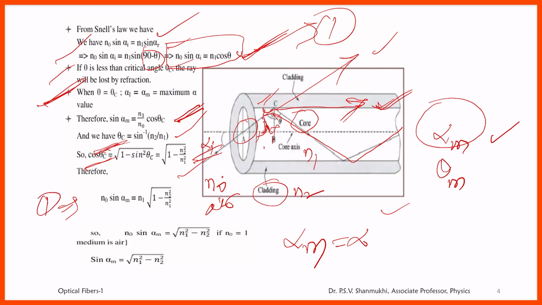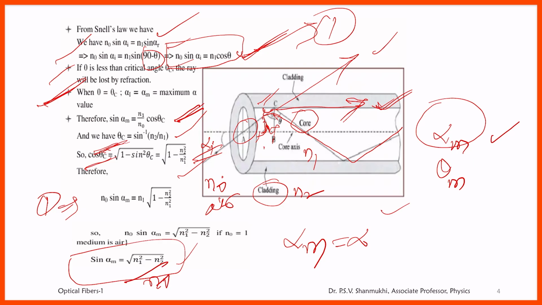N0 sin alpha m is equal to N1 cos theta c, which is nothing but N1 root over 1 minus N2 square by N1 square. From this, you simplify and you will get sin alpha m is equal to root over N1 square minus N2 square by N0.